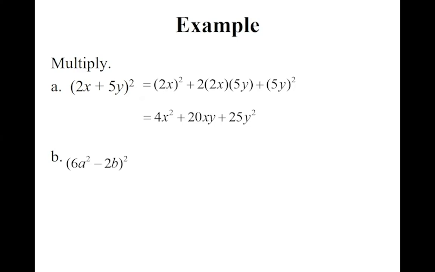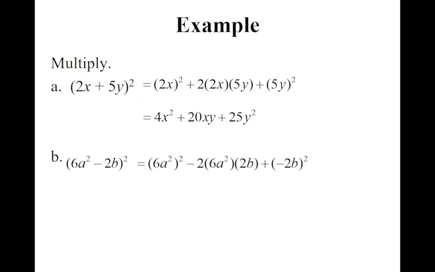B, (6a squared minus 2b) squared. This is still a binomial squared, even though one of the things inside is already squared. Follow the same formula. Square the first, minus 2 times the first times the second, plus the second squared.